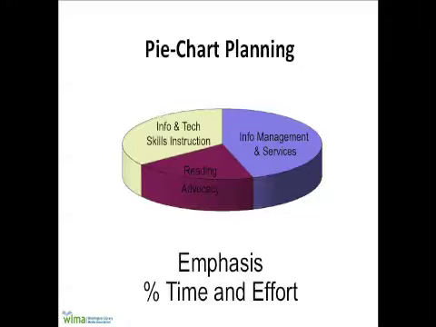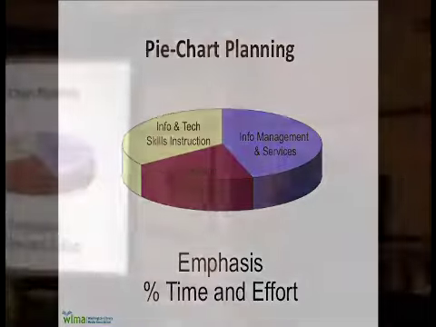In your school, what is the balance among information and technology skills instruction, reading advocacy, and information management and services? Where should your time and effort be spent? Now, if you are a person who's half-time in a school, that's 100%, right? That's 100% of your time and effort.